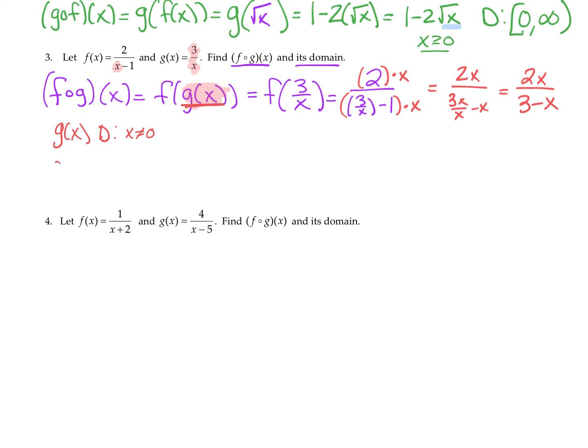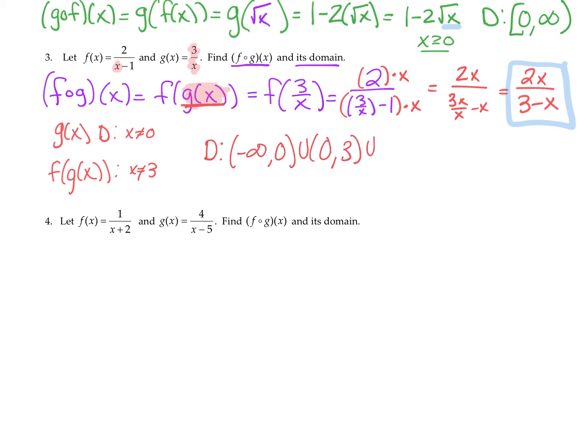Now my composition domain cannot equal 3 because that would make this denominator 0. So if I put those two things together, that means the domain of my composition is from negative infinity to 0, not included, 0 to 3, not included, 3 to infinity.